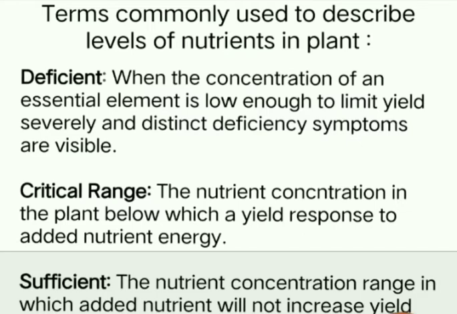Sufficient: the nutrient concentration range in which added nutrient will not increase yield but can increase nutrient concentration.